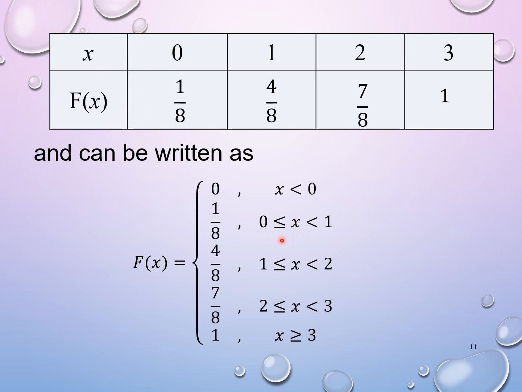And for x greater than or equal to 0, less than 1, it's actually this part. And so on until we end up with x greater than or equal to 3, which is equal to 1 over here. It's just that in this form you need to add one extra interval over here, x less than 0, which is equal to 0.